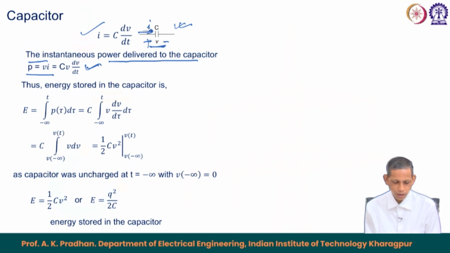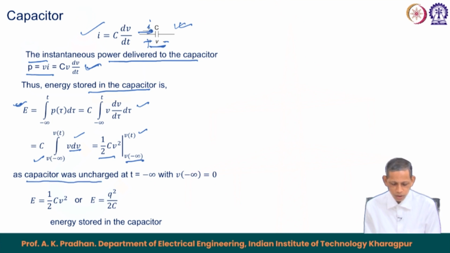So, the energy stored in the capacitor, E, equals the integral from minus infinity to t of P(tau) d tau, the energy stored up to time t. Substituting P equals C V dV upon dt, we get C times the integral of V dV from V(minus infinity) to V(t). The integral of V dV gives half C V squared.